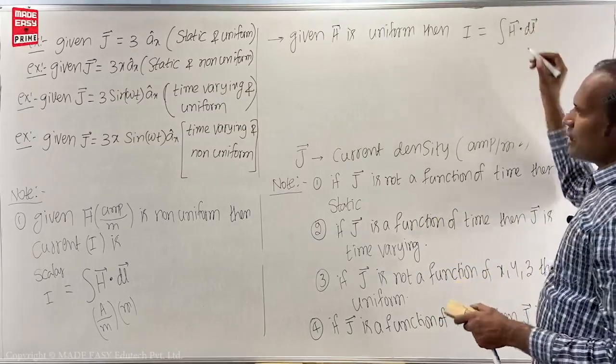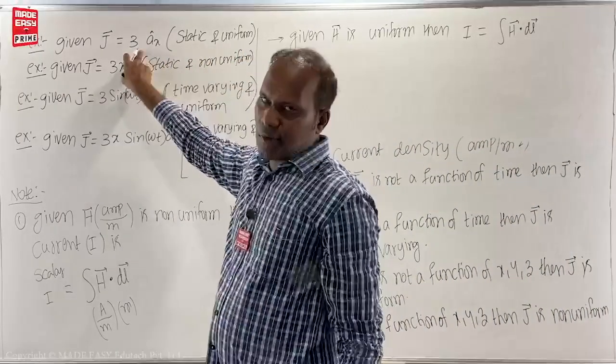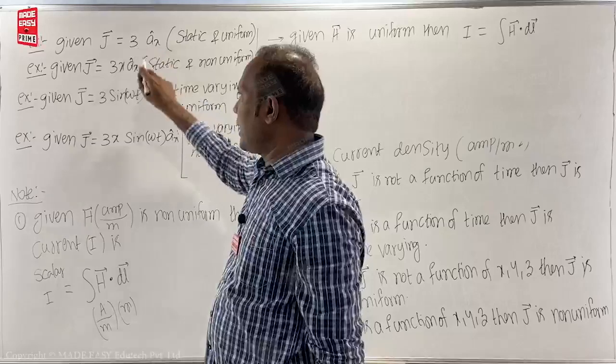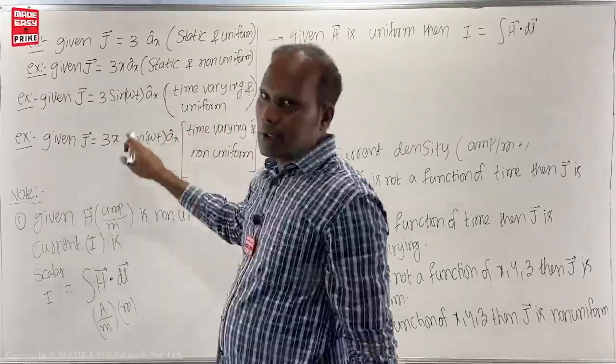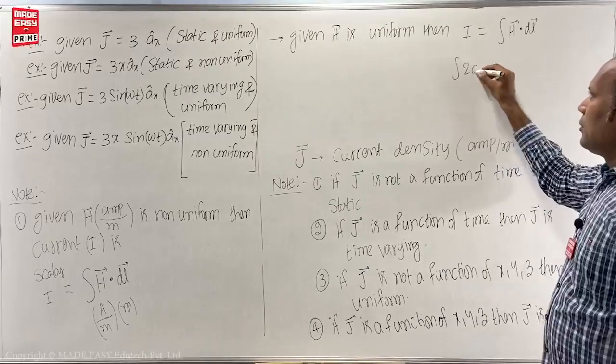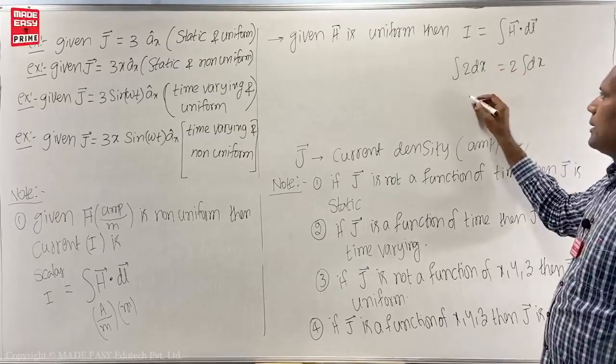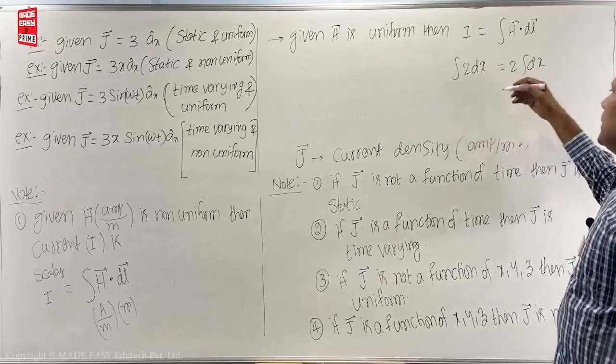I told you if h is uniform like this, for example, not a function of distance, then it will come out of the integral, students. Like 2 dx, 2 is constant, no? 2 integral dx, like that it comes.